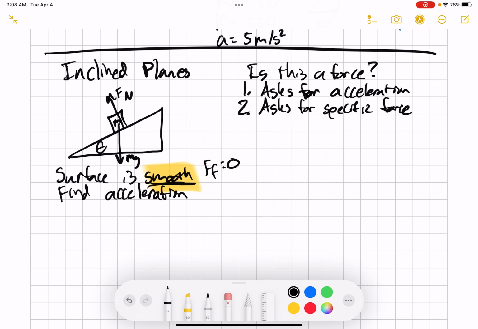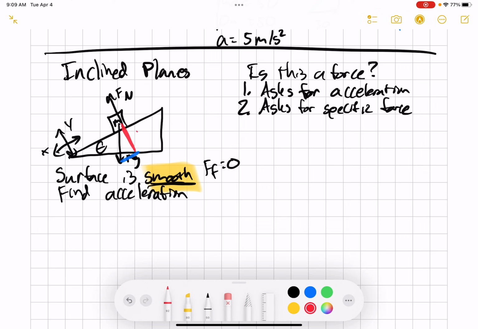Now if that was the AP test and I was drawing the free body diagram, I would put that down and leave it, nothing else. But I also want to break this into components. So I have this blue component here, and then this red component for mg. When we're doing an inclined plane, we want to set our axes parallel to the inclined plane, x, y. This just makes it a lot easier. That means that I only need to break mg into components. I don't need to break anything else into components.